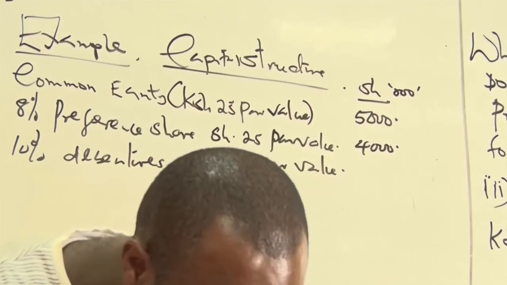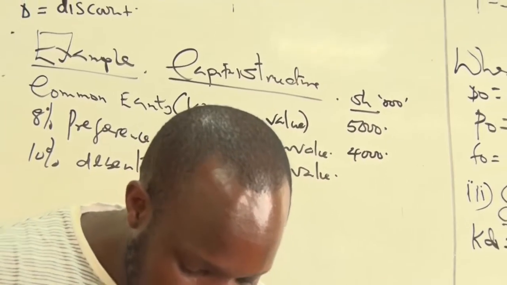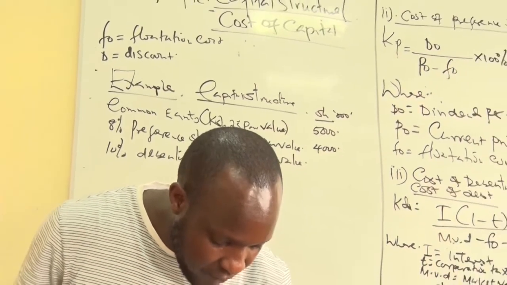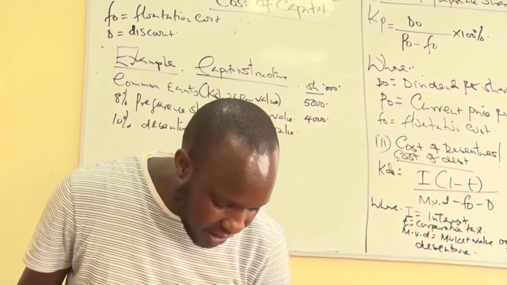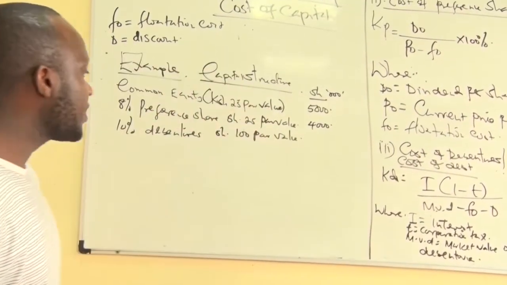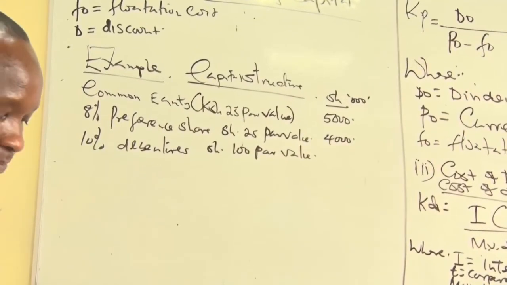The company has just paid a dividend of shillings 12 with a growth rate of 8%. So our growth rate in this case is 8% per annum.